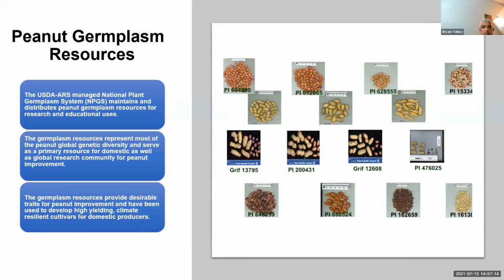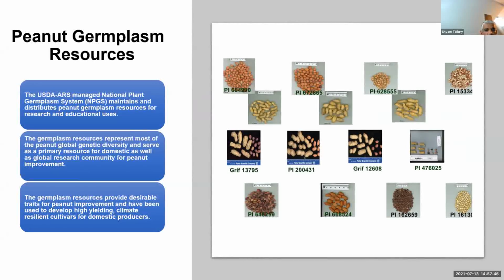As you see in the picture here, there is a tremendous amount of phenotypic variation for pod shape, pod size, seed coat color and seed size. These germplasm resources represent most of the global peanut genetic diversity, and I believe about 100 countries are represented in the collection in Griffin.